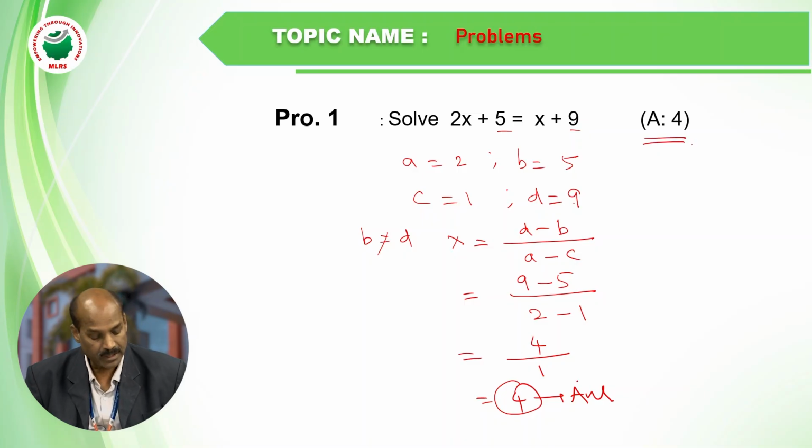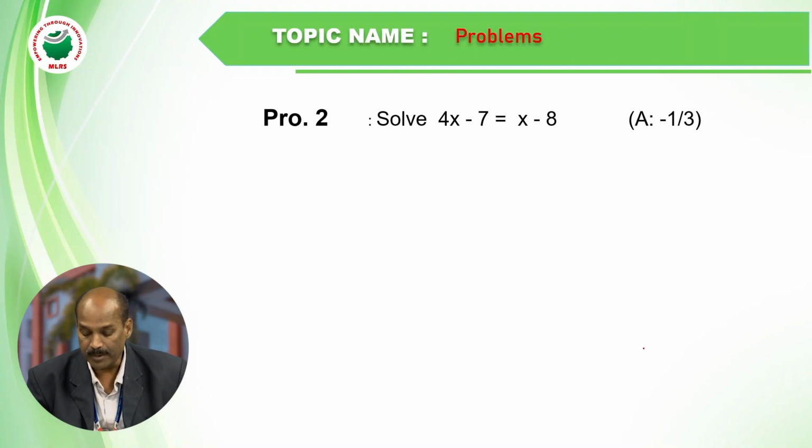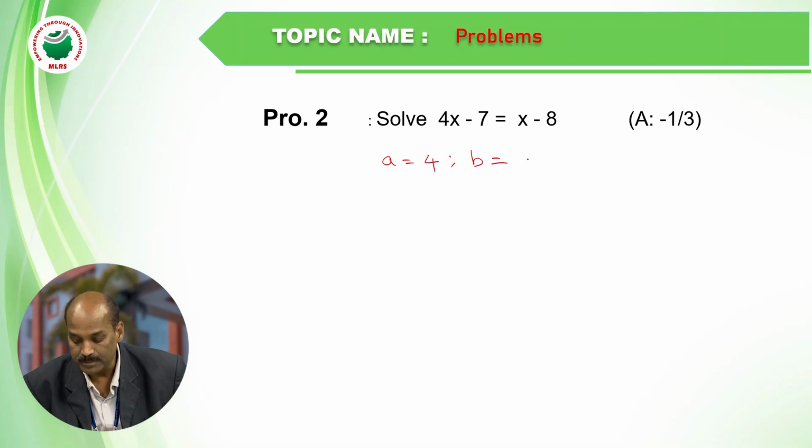Okay, so like that we see the second problem, problem 2. Here 4x minus 7 equal x minus 8. Now here what is the a value? 4, and b value is minus 7, and c value is 1, and d value is minus 8.